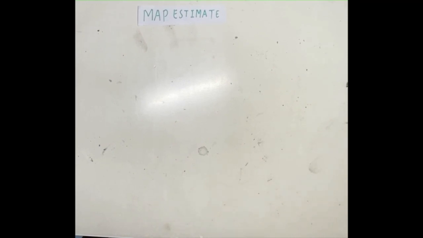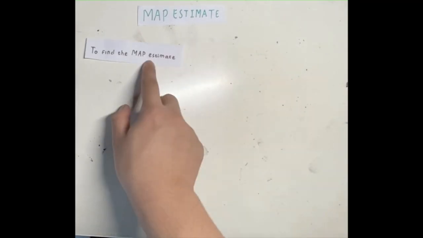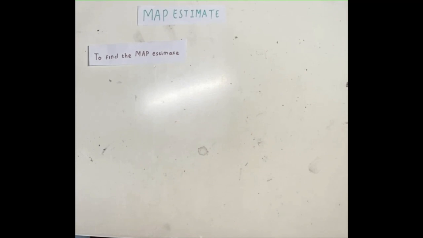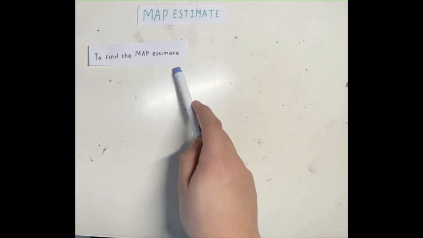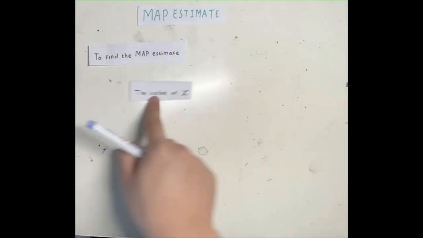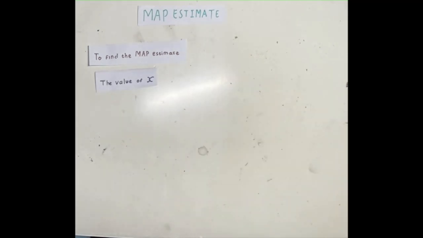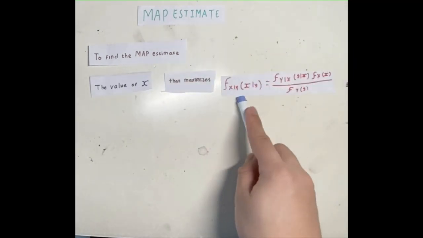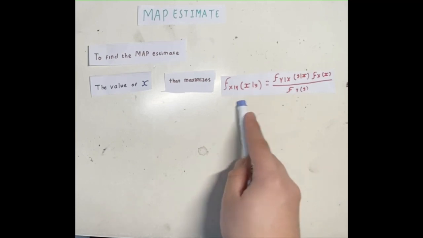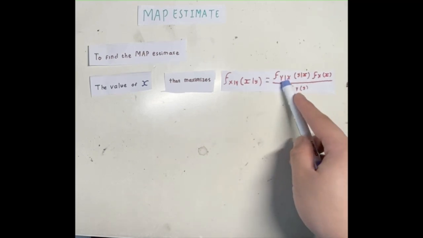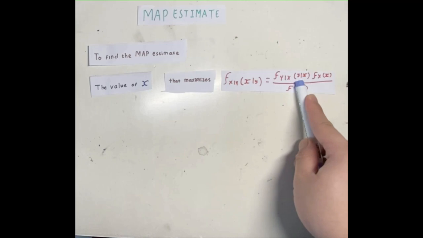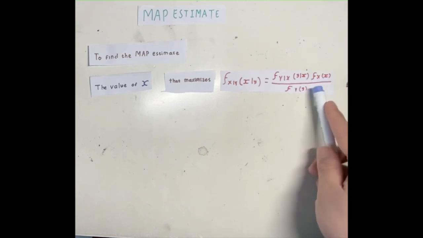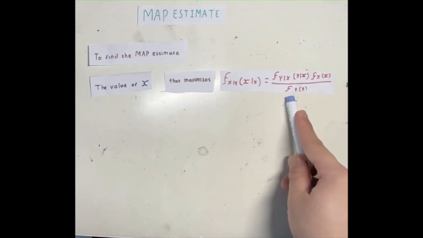So now I will explain how to find the MAP estimate. In order to find the MAP estimate, we need to find the value of x that maximizes the function of x given y, which equals the function y given x of y given x times the function x of x, divided by the function y of y.